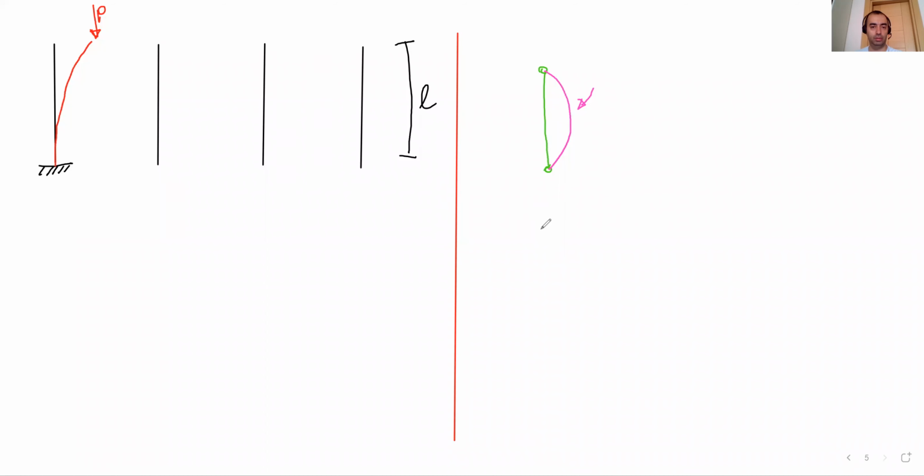For example, for the vertical cantilever, can I do this? If I complete this red curve to a total fully arch shape, this one.